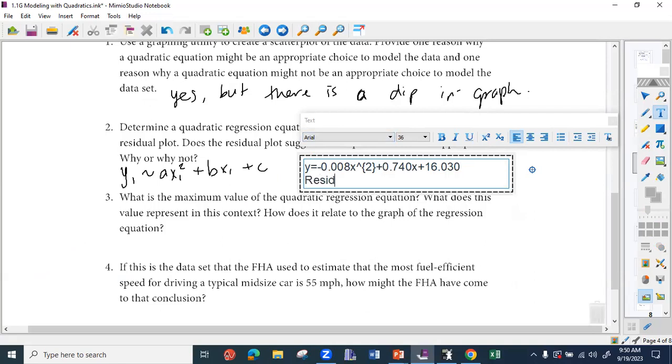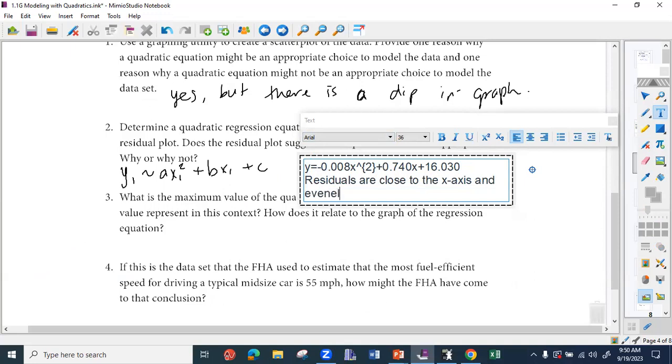And my residuals are close to the x-axis, and evenly above and below. So this is a good model.